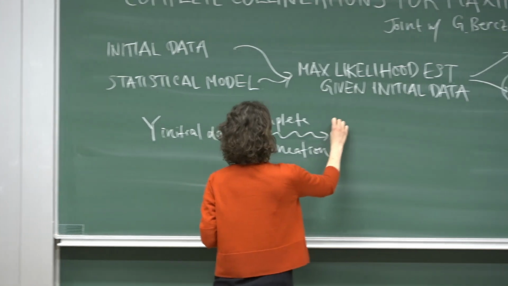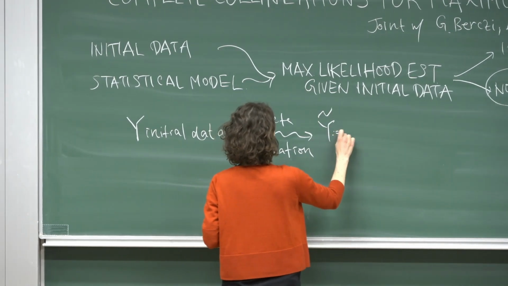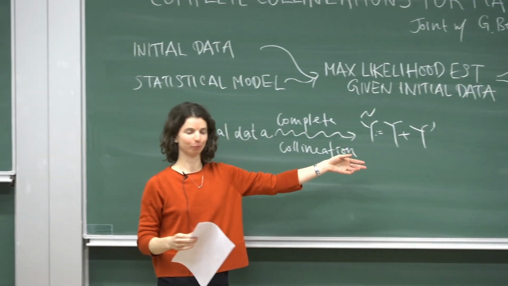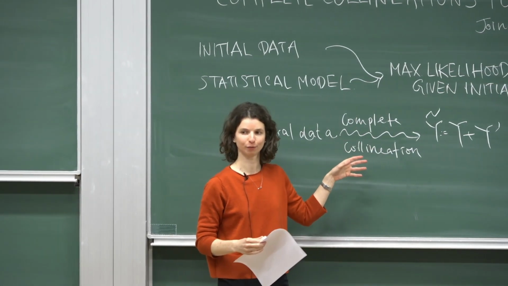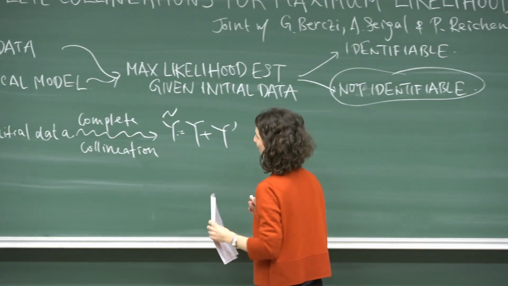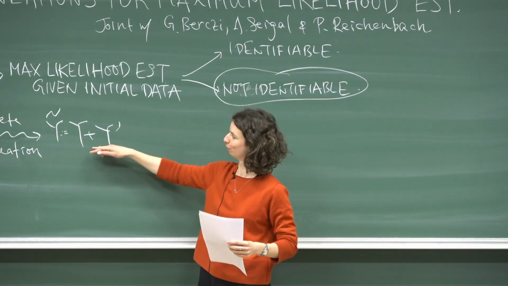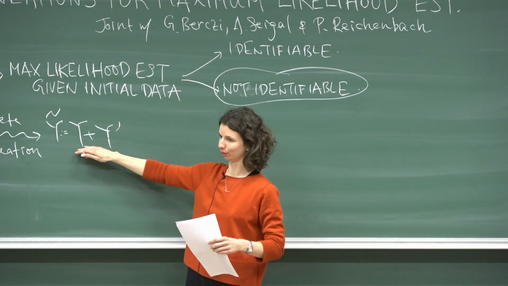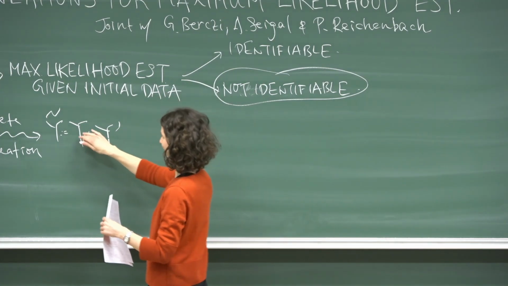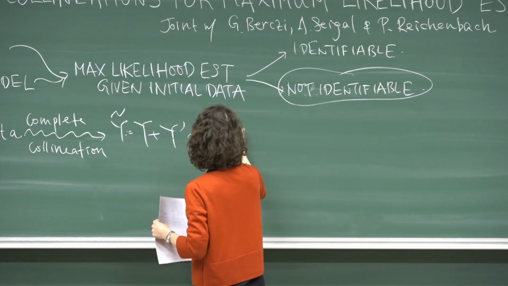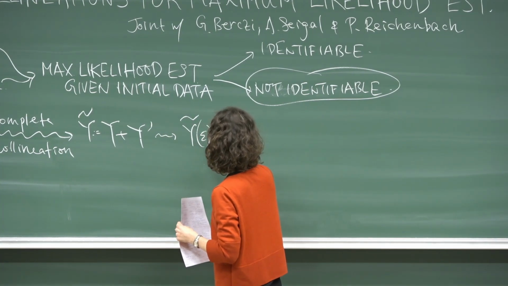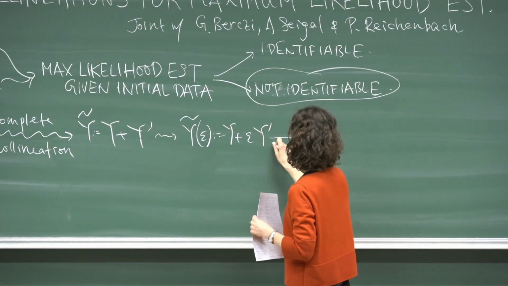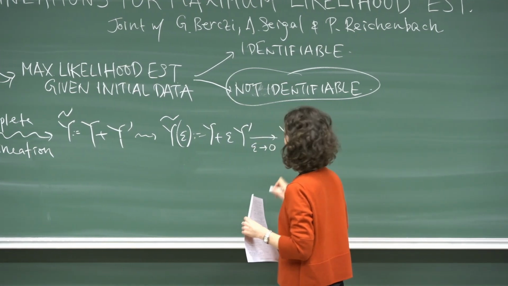So we construct a new sample, y tilde, which will be y plus some perturbation y prime that is determined by this choice of complete collineation. And this will be much better behaved in the sense that the MLE given this new sample will be unique. Of course, we can relate this back to the initial sample by taking y tilde of epsilon to be y plus epsilon y prime, and then taking the limit as epsilon goes to 0, and we recover y that way.